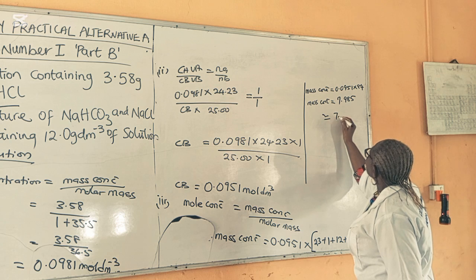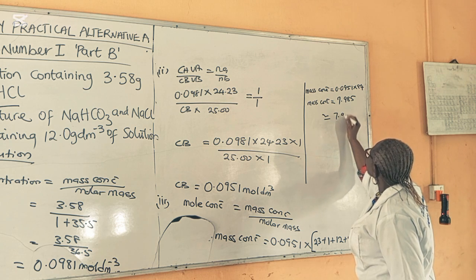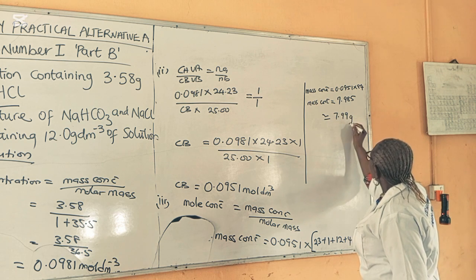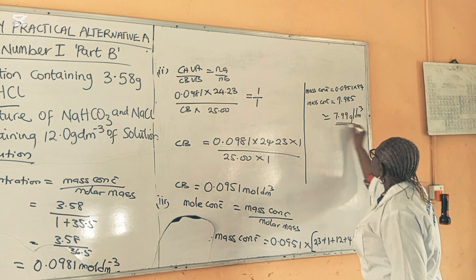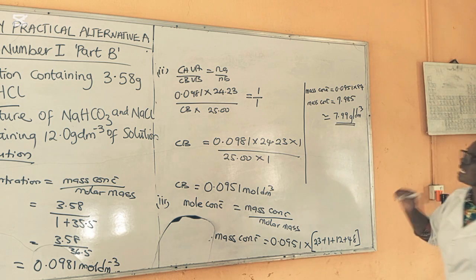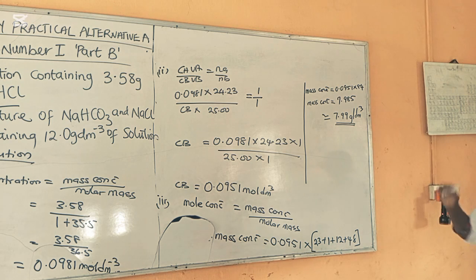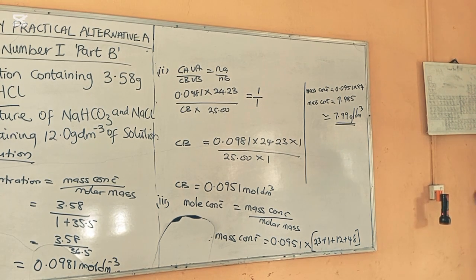To treat significant figure, 7.99 grams per dm³. That is the pure. This is the actual base that reacted, not 12.0. So this is the mass of the pure.